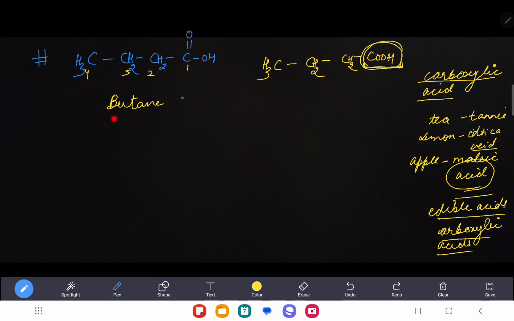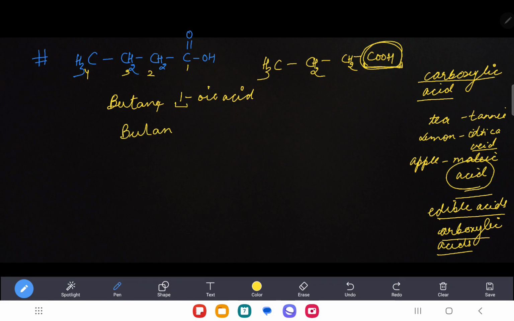And thereby butane, and then at one carbon, oic. Because oic is the suffix when you see COOH. So it shall become butanoic acid. Understood or not? Do we remove the E? Yes, we are supposed to remove the E. And you don't write down one because one generally doesn't matter.